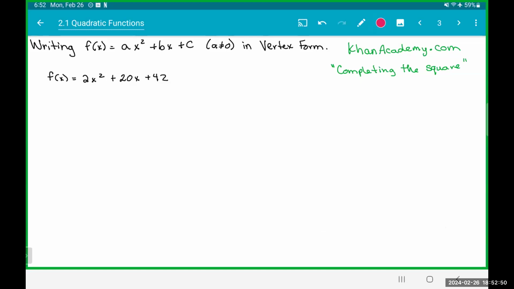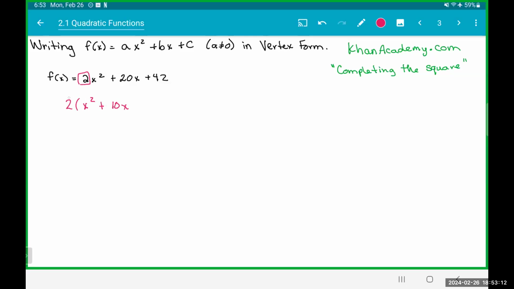Okay. So we want to factor out the leading coefficient in front of x. So we're going to factor that out. So that's going to be 2 times x squared plus 10x, right?